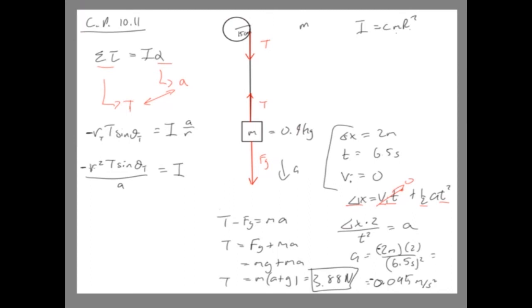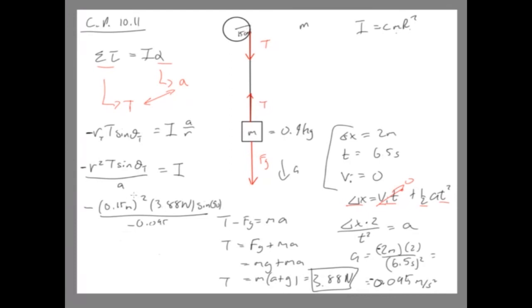So plugging our numbers in for the moment of inertia, we get negative 0.15 meters squared times 3.88 newtons times the sine of 90, because we have a right angle between the tension and the radius of the wheel of the pulley.